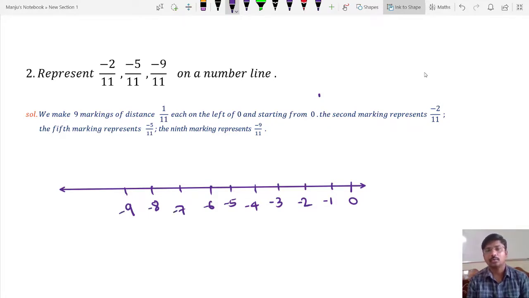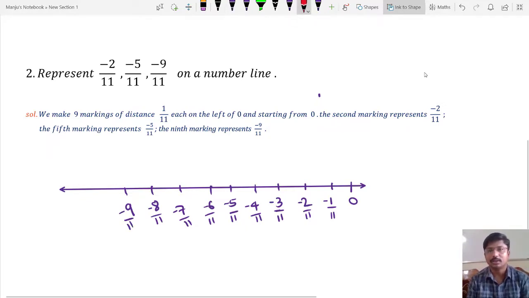Now what we have to do, we have to divide it by 11. 0/11 is again 0. Like that, minus 3/11, minus 4/11, minus 5/11, minus 6/11, minus 7/11, minus 8/11, minus 9/11.